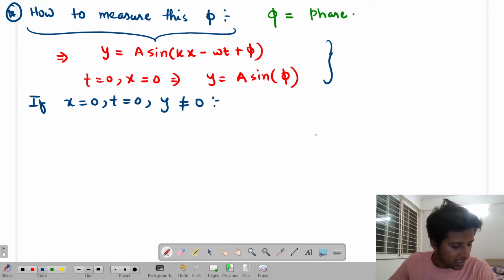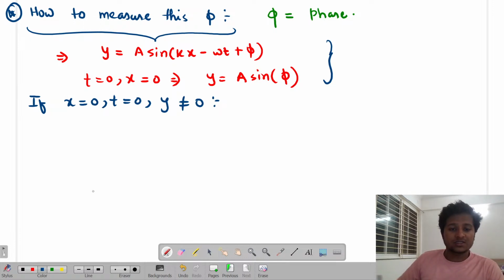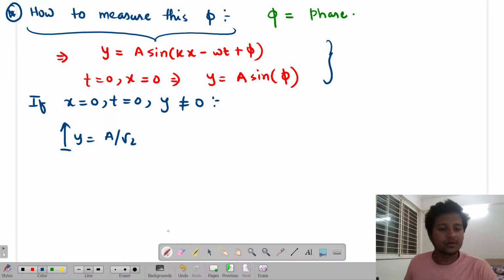We have a trick to do that. But there is a big question which arises. Just like in SHM, if I write phi, let's suppose this vertical displacement y was equal to a by root 2. How many values? A by root 2.